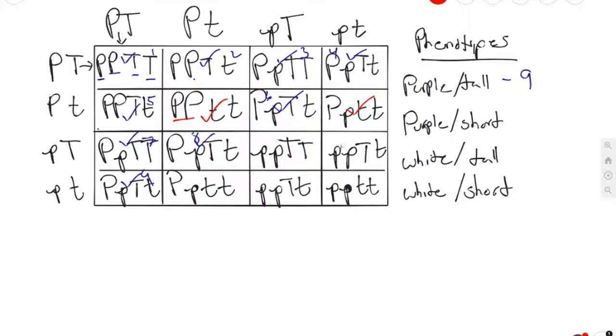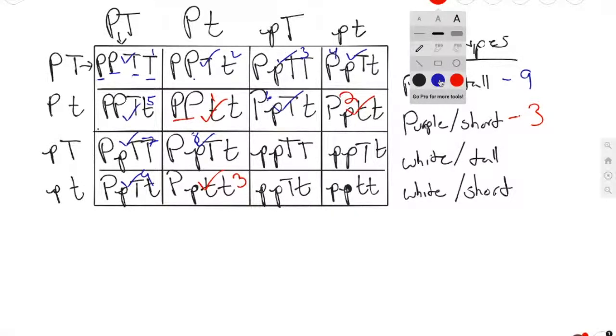This one is white, so we'll skip those. Big P, little p, that's purple. And little t, this one is short. This one is white, and this one is white, so that is it. So we have 1, 2, 3 that are purple and short.